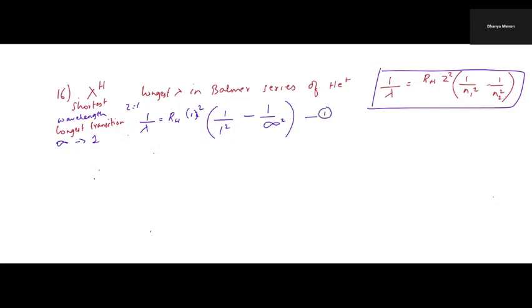Now for the helium ion, Z is equal to 2. They are saying longest wavelength.